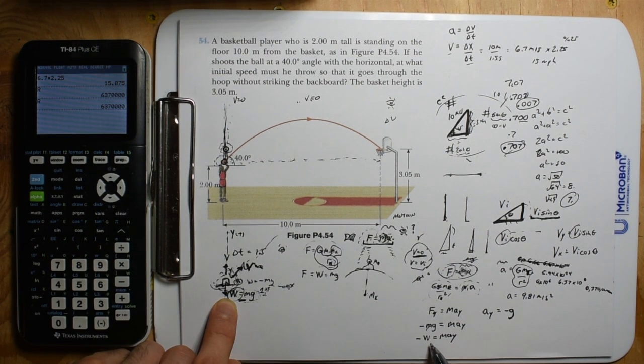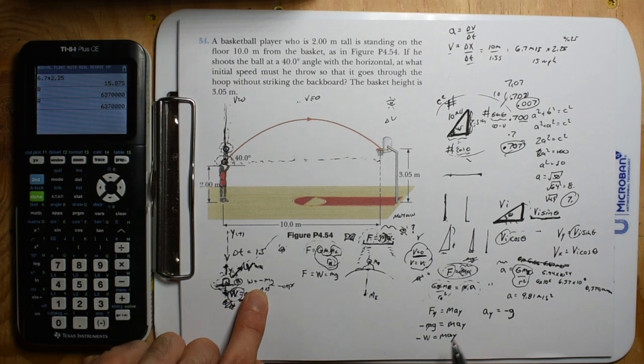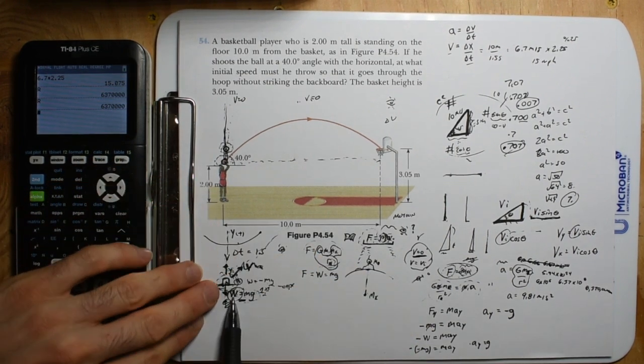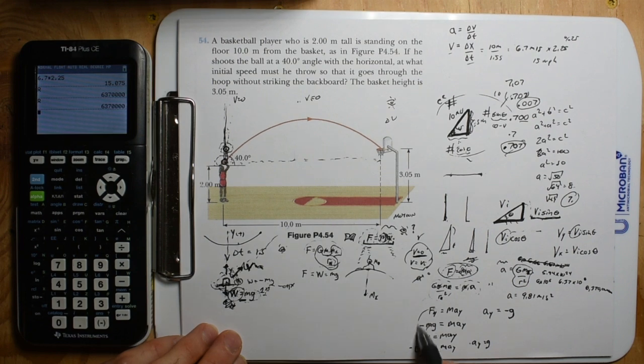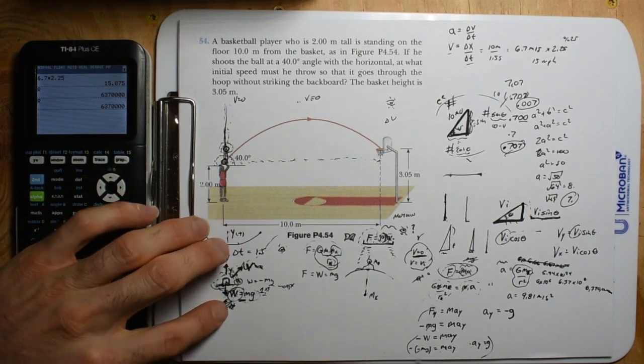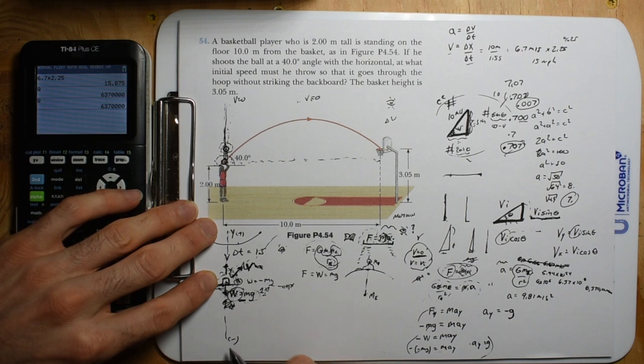But W would be negative mg, so we would get negative mg is equal to may, and then you would get ay is equal to g. So if the Earth was above, I'm just working on sign convention, that was dumb, but at least I think that explained it. But anyway, so the force is down. We're saying this direction is the negative direction.